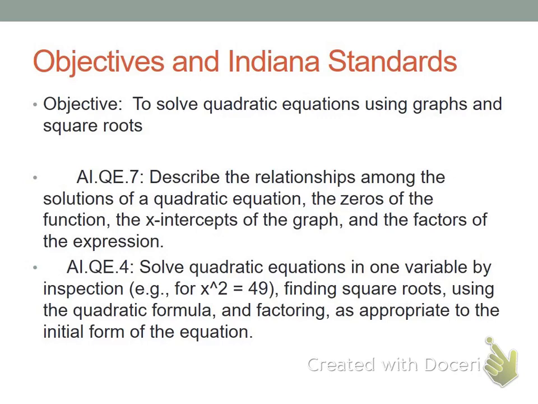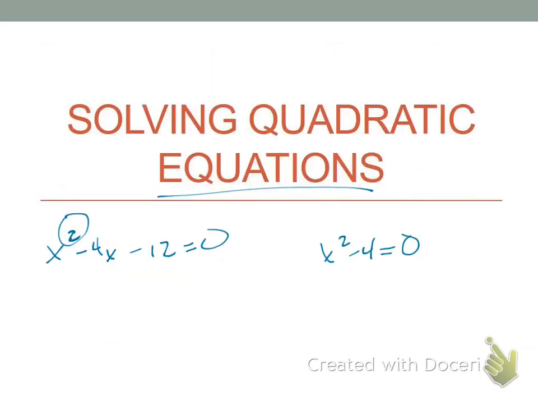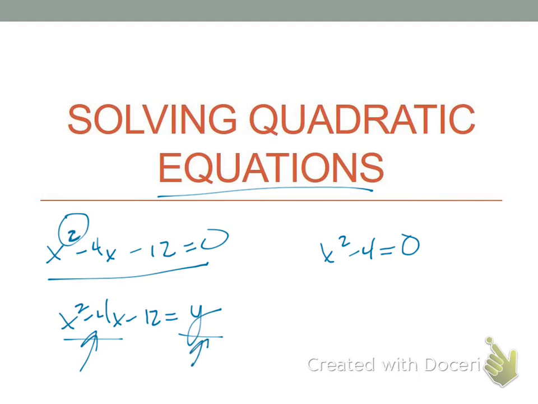One is the graphing method, and that's because every equation actually maps to a function. If I were to take this equal to y instead of 0, now it's a function because I've got a place to put inputs and a place to get outputs. It relates those two variables.